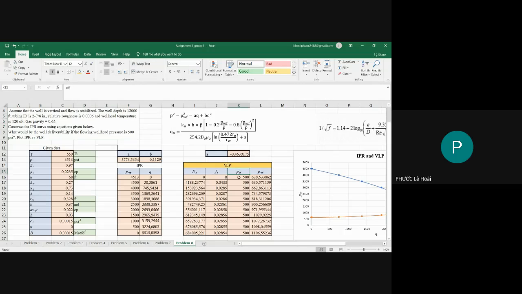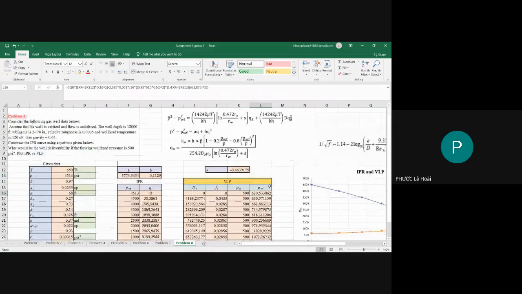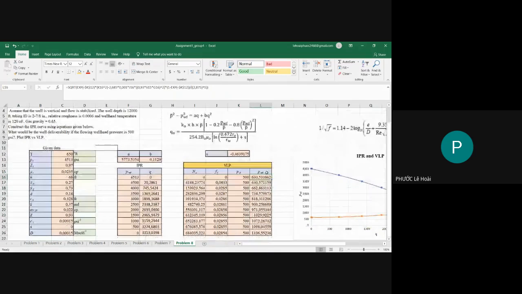So for the PWH here it is equal to 500, and the bottom hole pressure will be calculated by this equation.